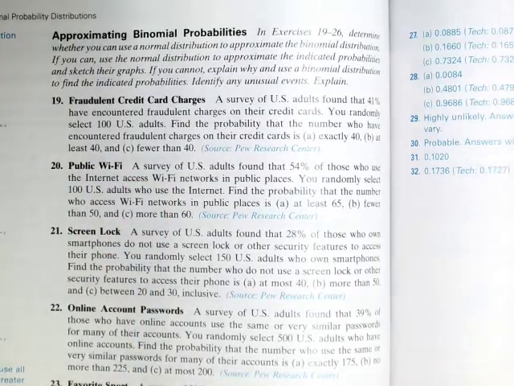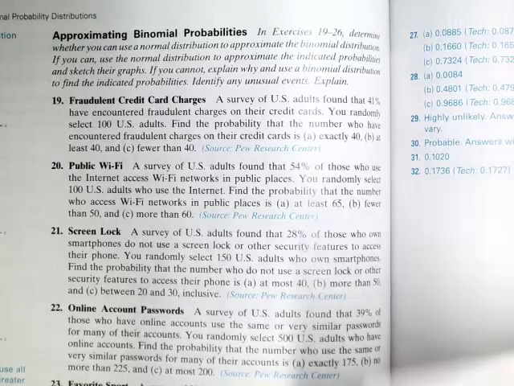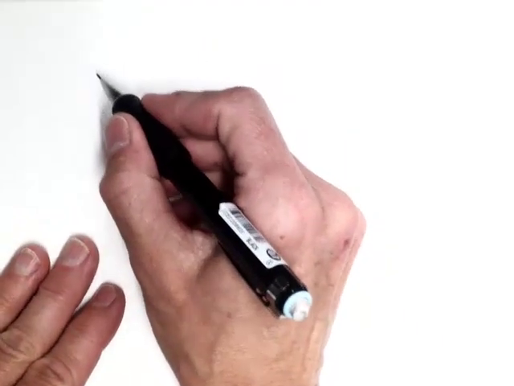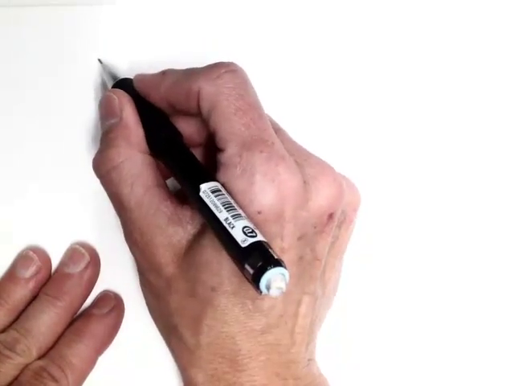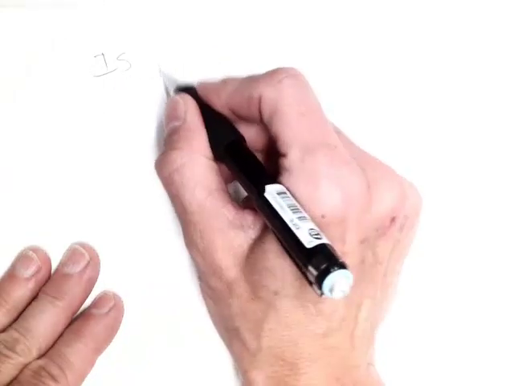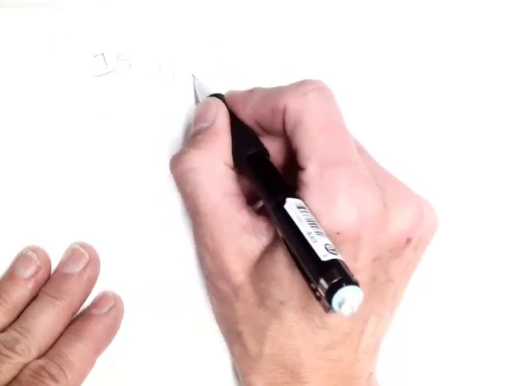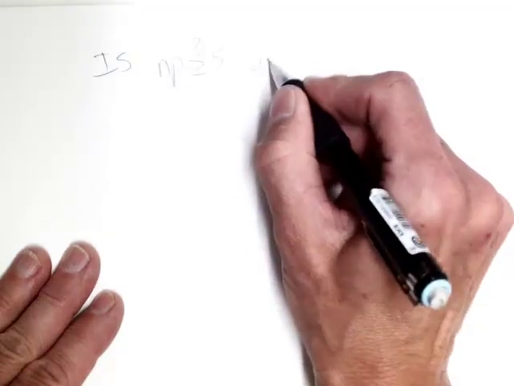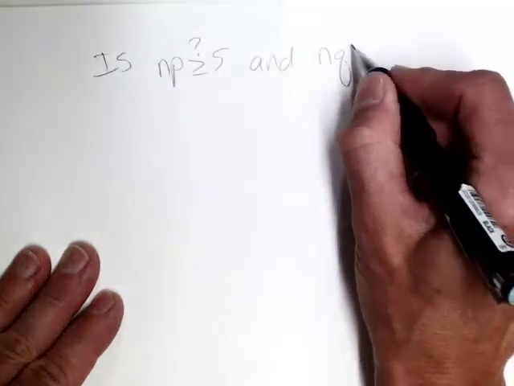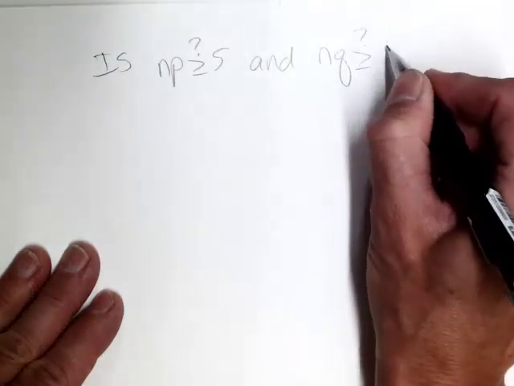So the first part of this problem was asking, can we use the normal approximation to the binomial to begin with? So we want to know, is n times p at least 5 and n times q at least 5?